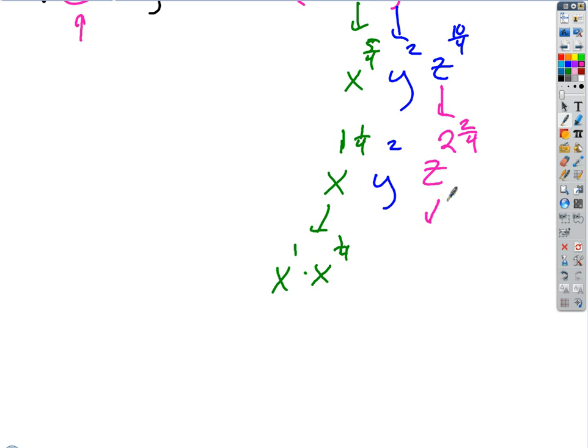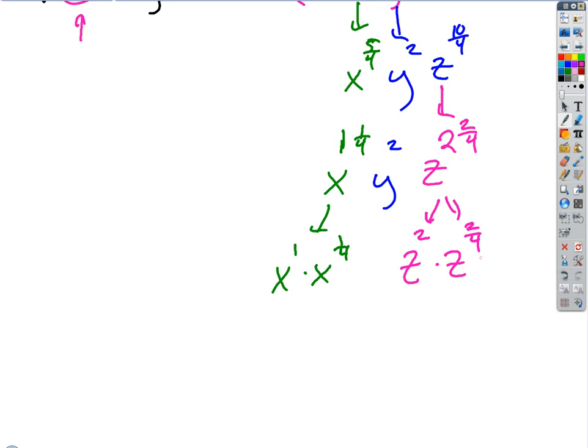This one is the same thing as saying z squared times z to the 2/4, right? Now, we're not going to have to do all this stuff, but I want you to see what just happened. I was able to write at least parts of the powers of these variables as integers, and then I was stuck with some remainder left over. That was still a fraction.